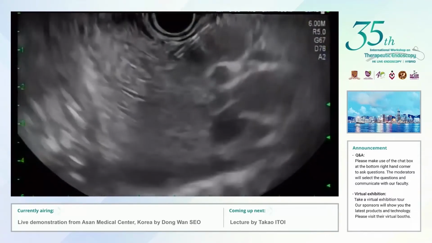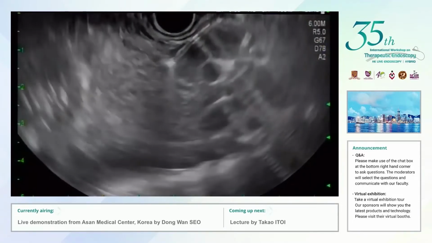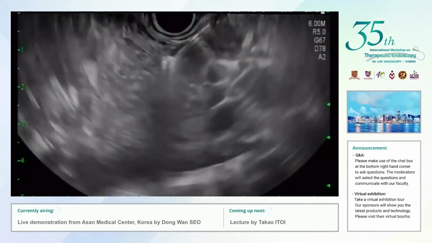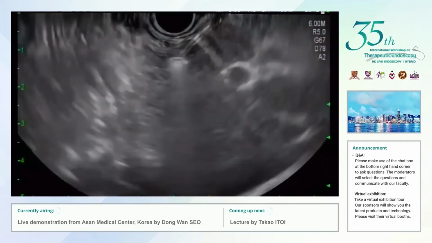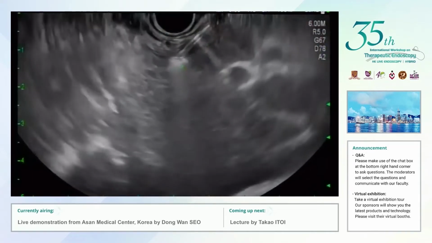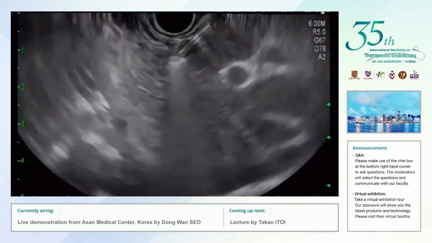In those cases, biopsy first, and then we can do aspiration of the cyst. Now you can see why I prefer to do biopsy first. Trapped air can go inside the cyst, and the visual field becomes very poor.